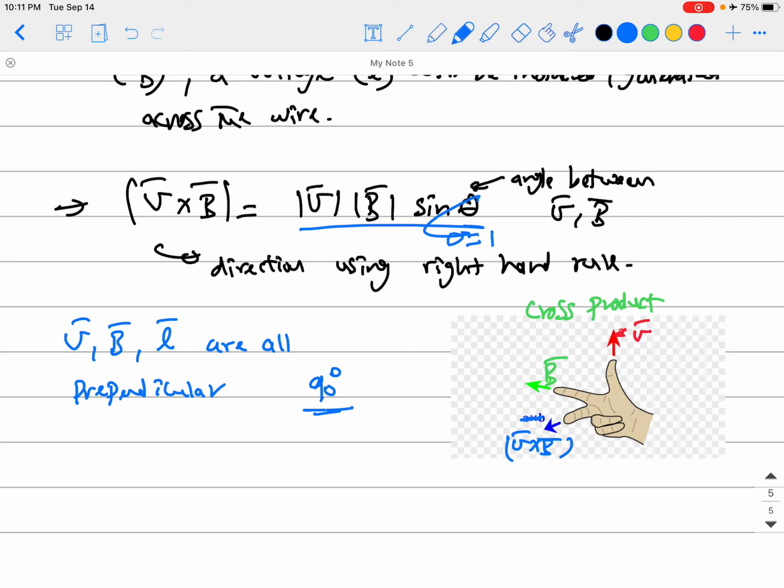So don't bother about the sine theta, because they are all perpendicular to each other. V cross B will be just the V magnitude multiplied by the B magnitude, and its direction comes from the right hand rule. You place your thumb in the direction of the velocity V of the rotation, your index finger in the direction of the magnetic field, and then your middle finger will point to the direction of the cross product.